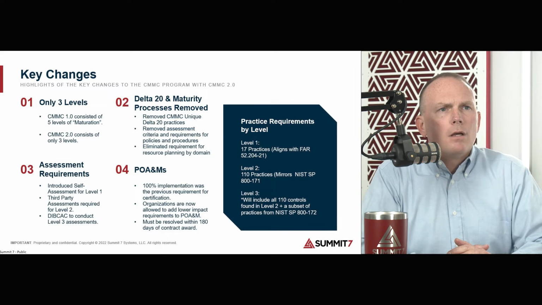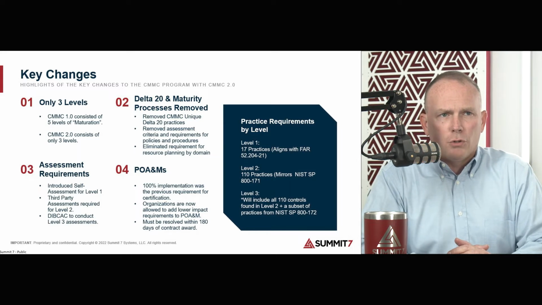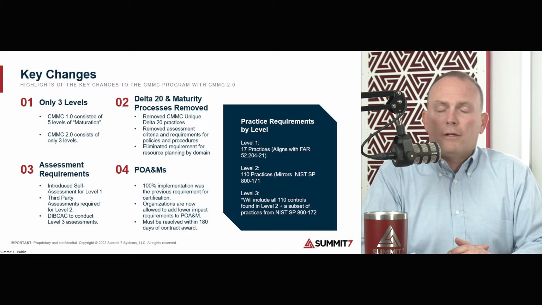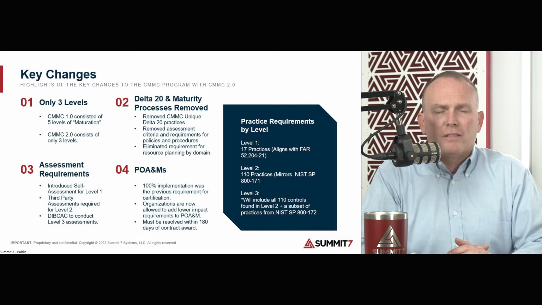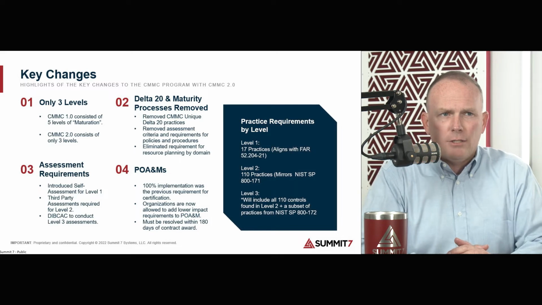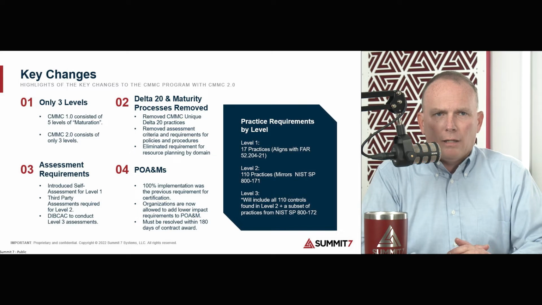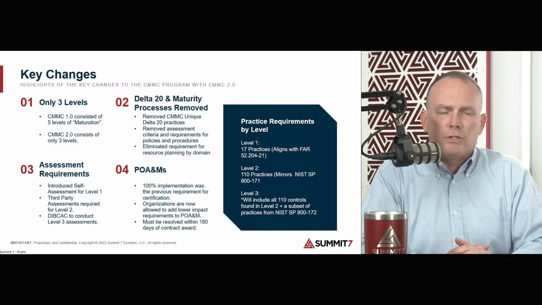The fourth area is POAMs. This change came in originally in CMMC 1.0. There was going to be no allowance for POAMs of any kind. Under CMMC 2.0, they are going to allow POAMs, but only for the 1-point controls as defined by the DoD assessment methodology, which I linked earlier in the deck, so you can go find that.